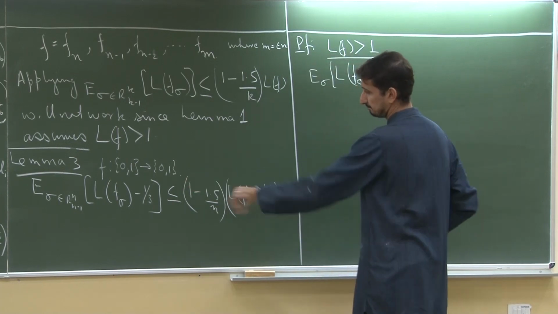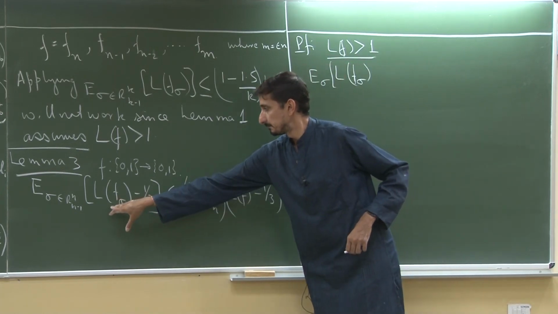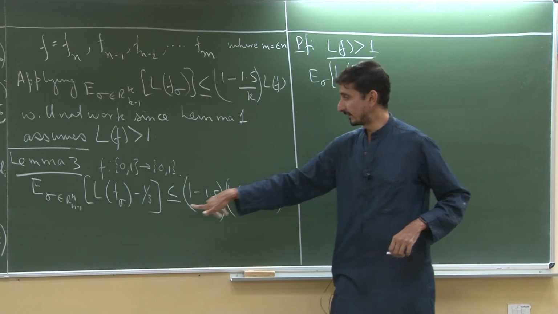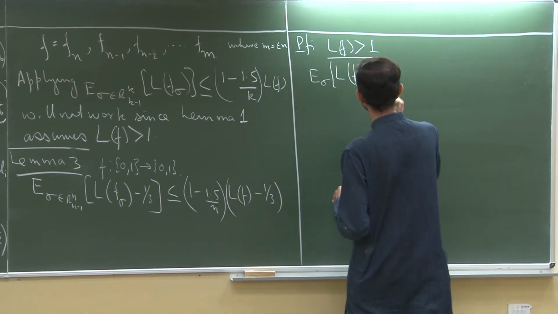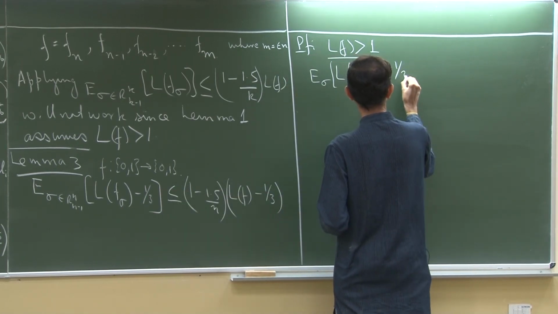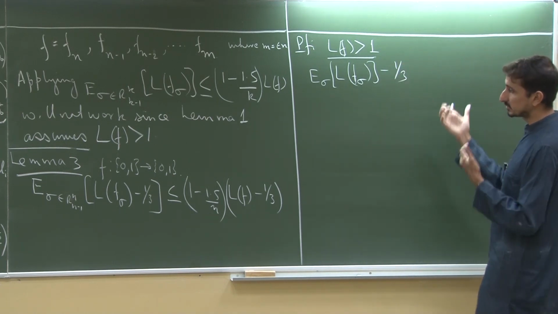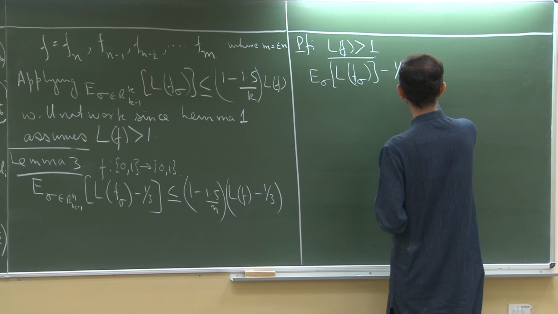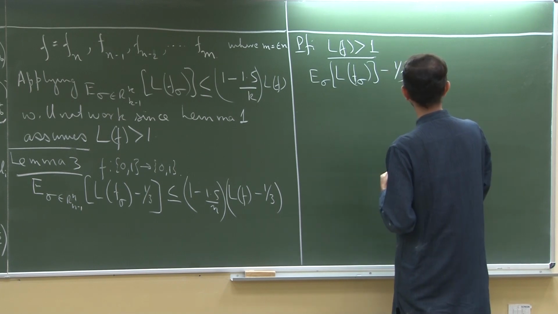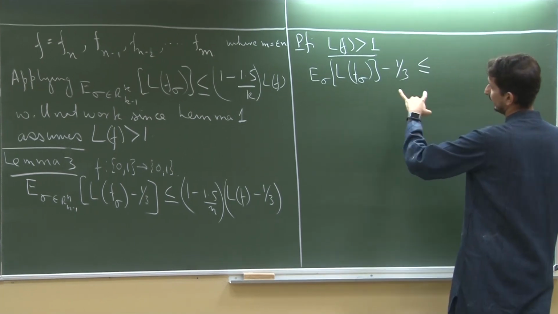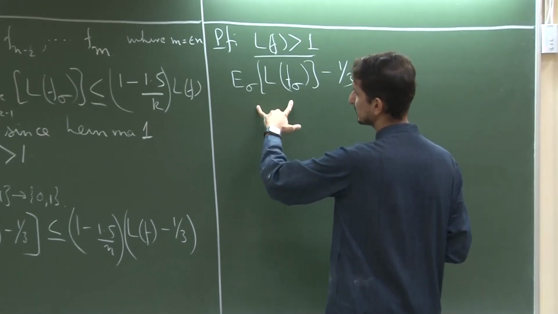Now, this is a difference of 2 quantities. So, I can write this as the expectation of L of f restricted by sigma, and I can take the 1/3 outside the expectation, which is less than or equal to, what is this quantity?